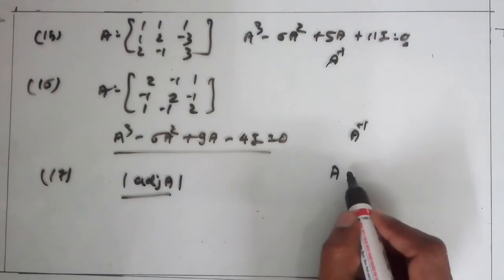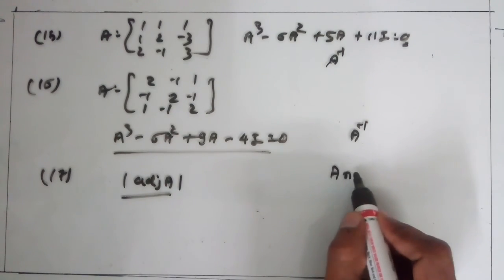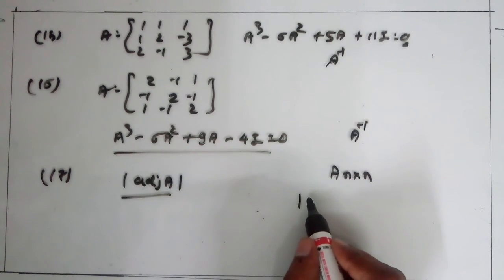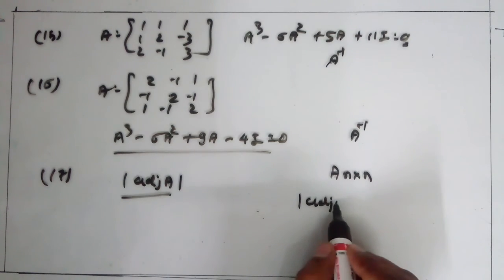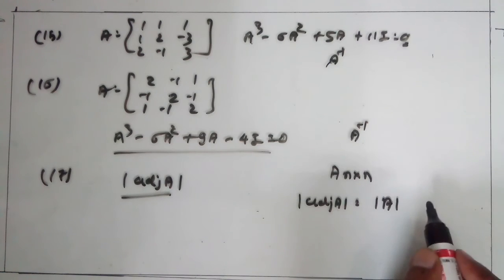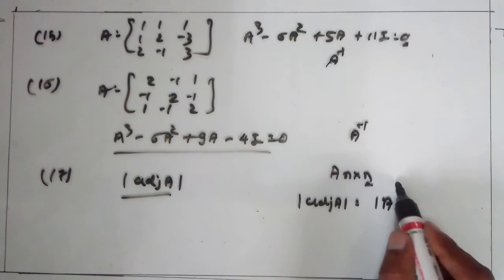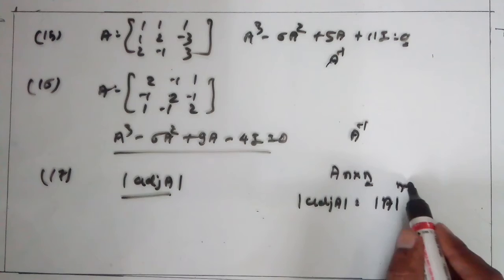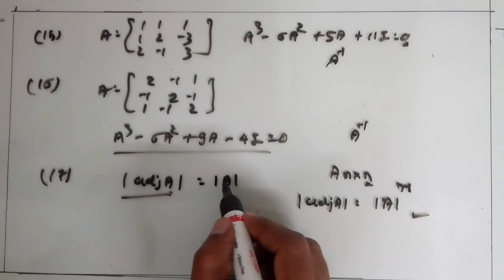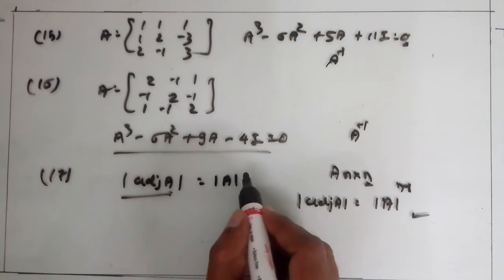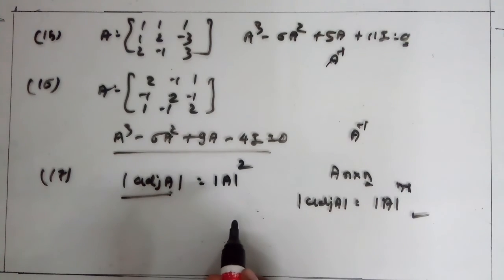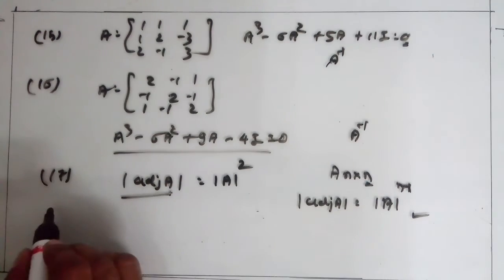If A is an n cross n matrix, then the determinant of adjoint of A is equal to determinant of A raised to n minus 1. We know the order of this is 3. So it becomes determinant of A raised to 3 minus 1, that is 2. Clear? So the answer is B.